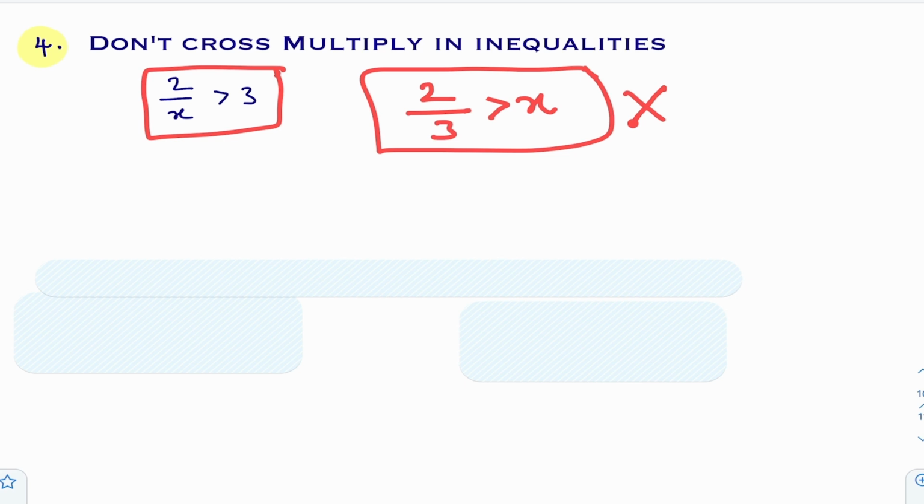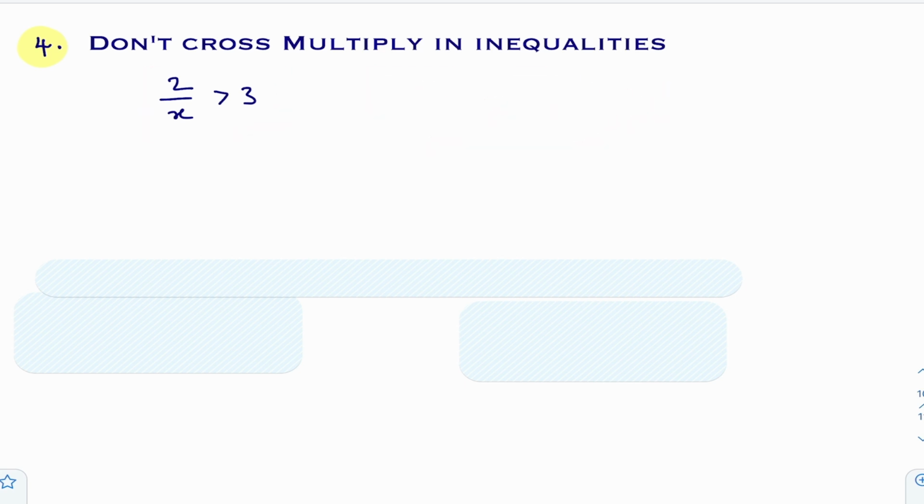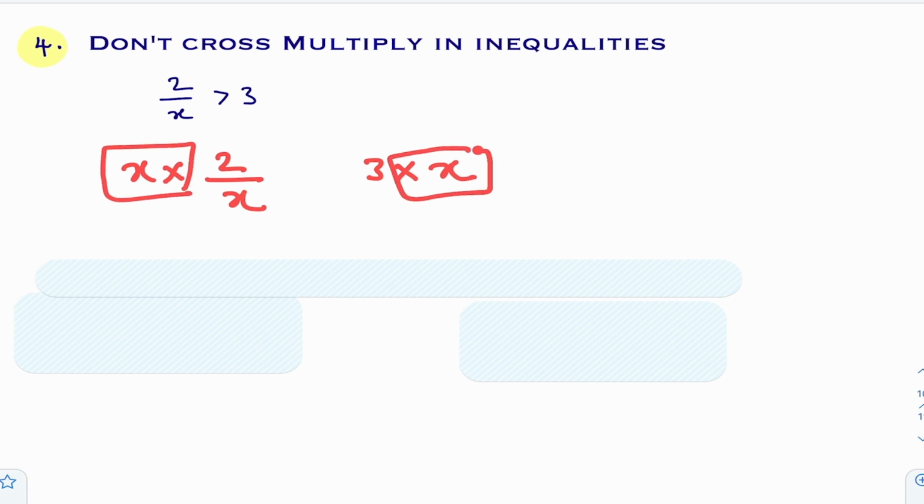We cannot cross multiply. What we can do, if you want to solve this, is multiply. I'll multiply with x on both sides. If I write like this, on the left hand side you observe x will get cancelled. Now the point is, as we are multiplying with some number, the inequality sign changes or remains the same.